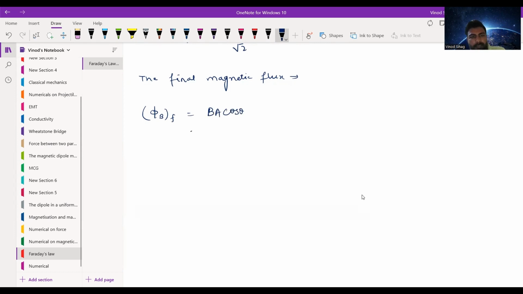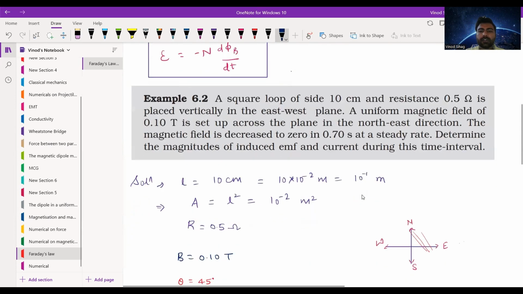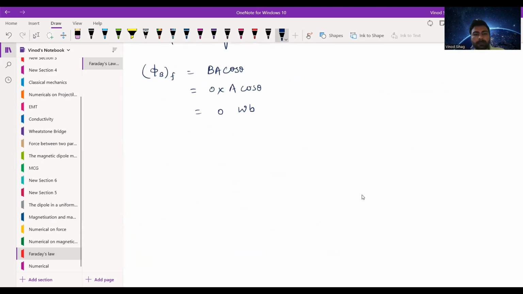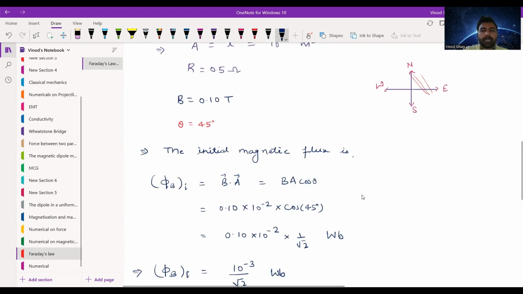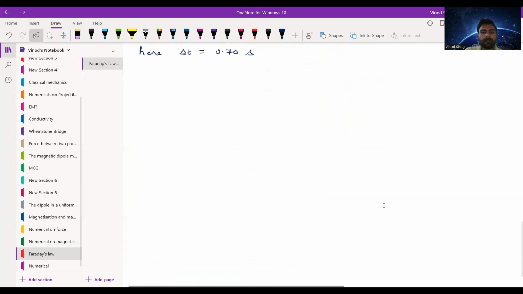But here the field is decreased to 0. So it will be 0 into A cos theta and final magnetic flux will be 0 Weber. And here the total time taken is 0.70 seconds. So here the value of delta t is 0.70 seconds.